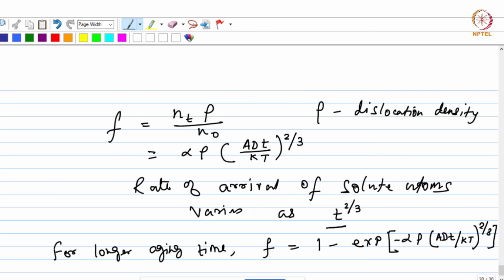Right, so this is the expression of the fraction of solute segregated along the dislocations for longer aging time.